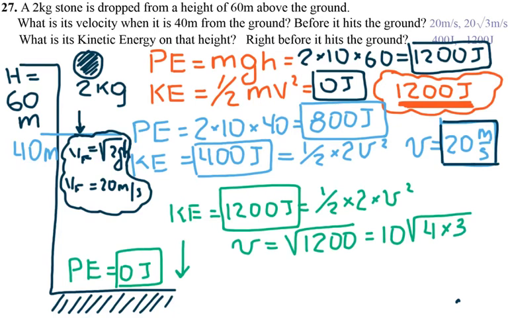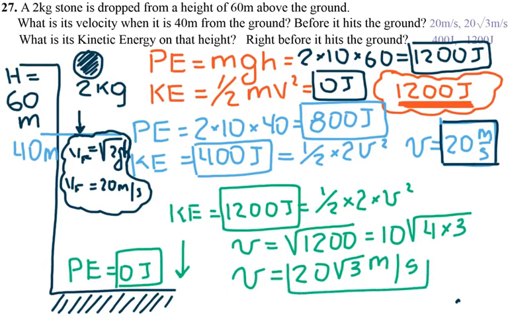The square root of 4 is 2, so the square root of 1200 is 20 square root of 3 meters per second. I could also use the final velocity formula the same as I did over here to find this final velocity before it hits the ground. But I can use conservation of energy and find my velocity that way.